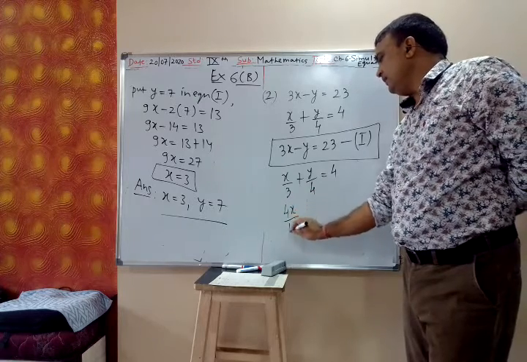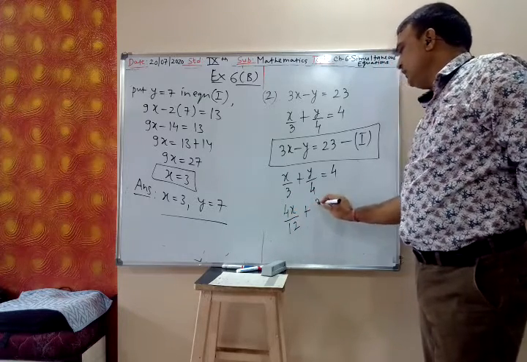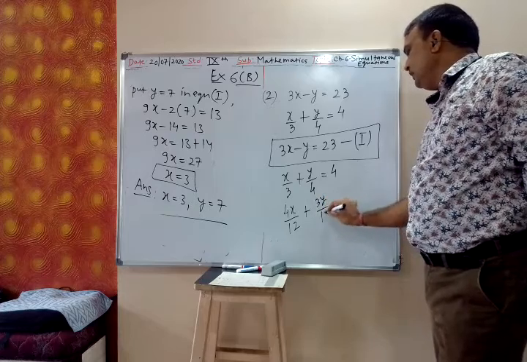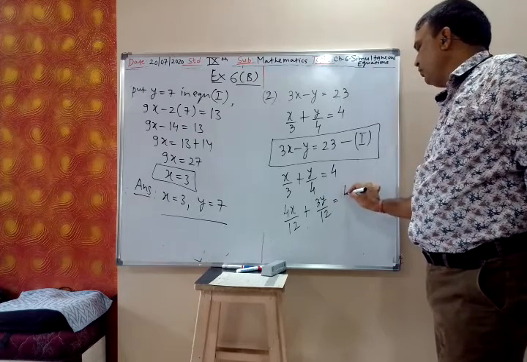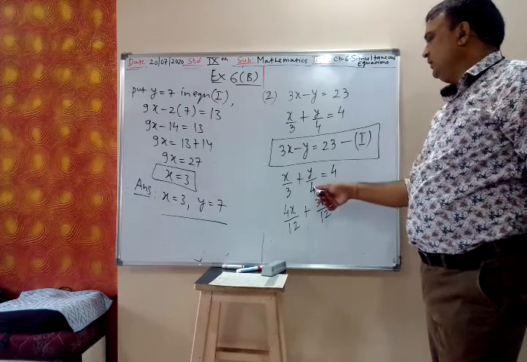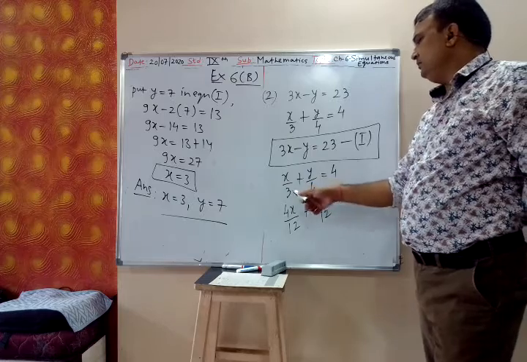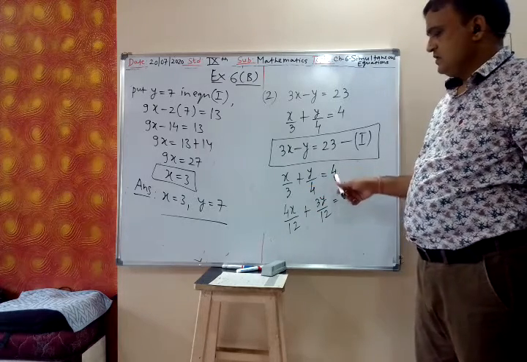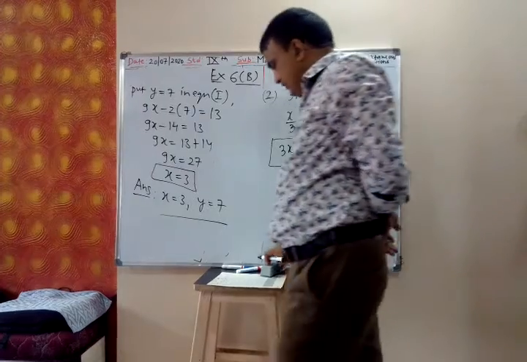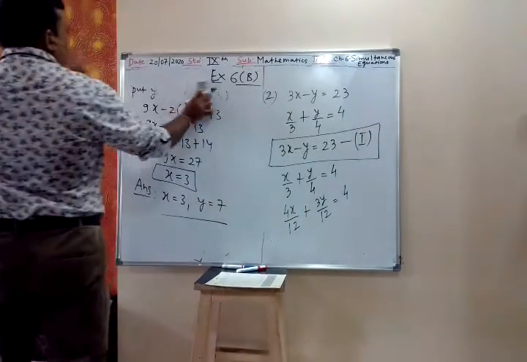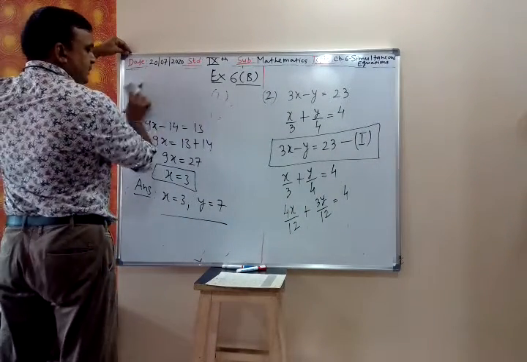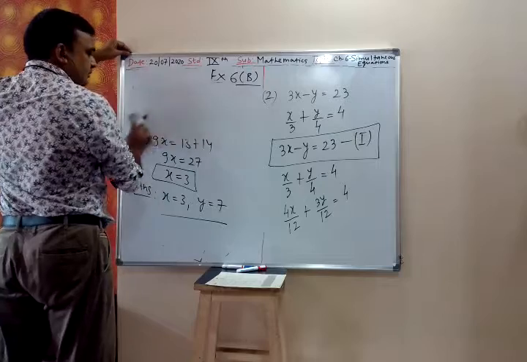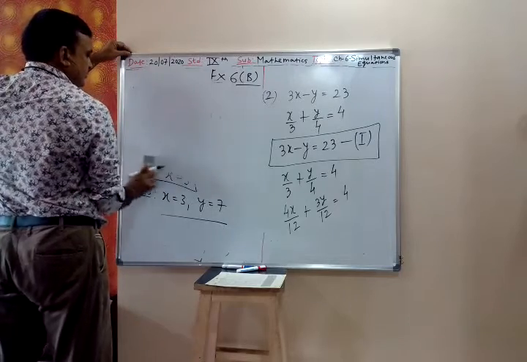So 4x upon 12 plus 3y upon 12 is equal to 4. So 4x plus 3y upon 12 is equal to 4.